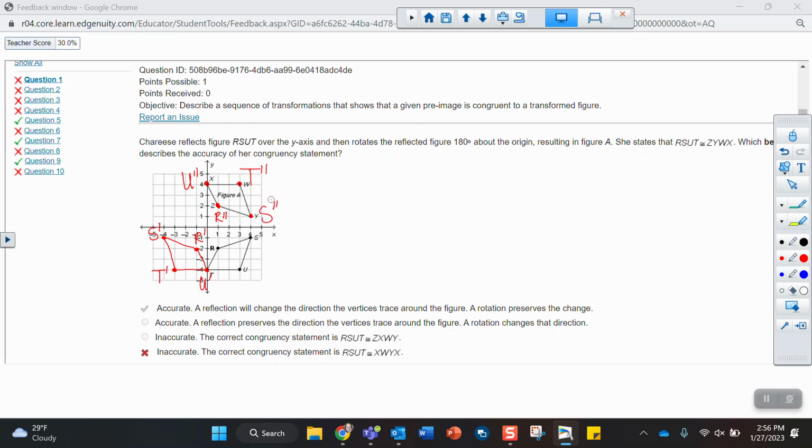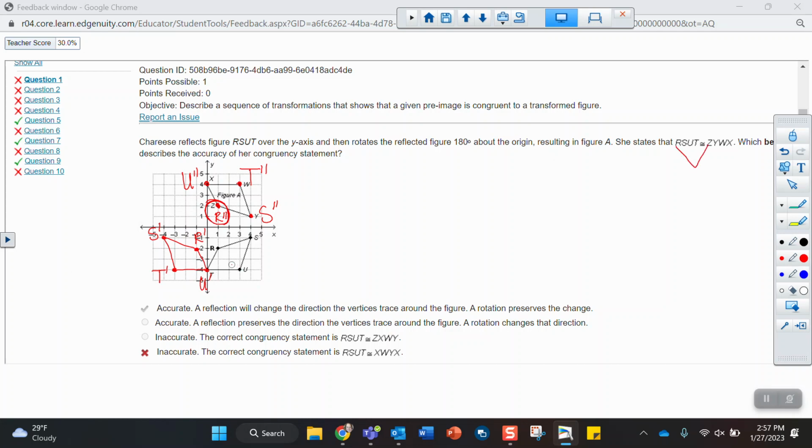So RSUT has to match up and go in that same order. You can see how R became R prime, became R double prime, which they've labeled Z. So R does match with Z, those both come first.